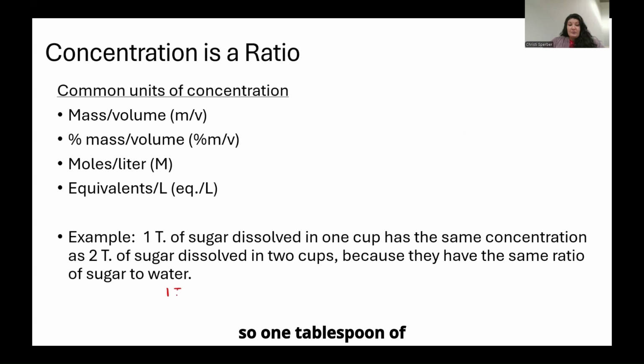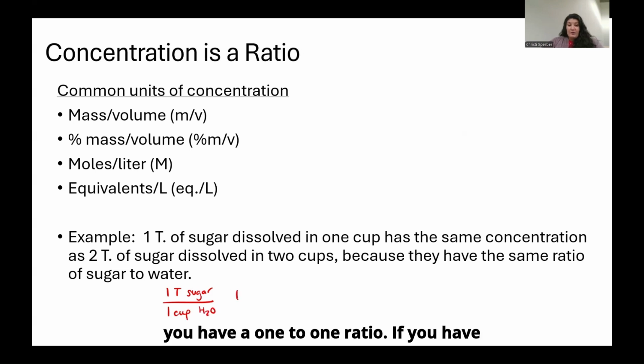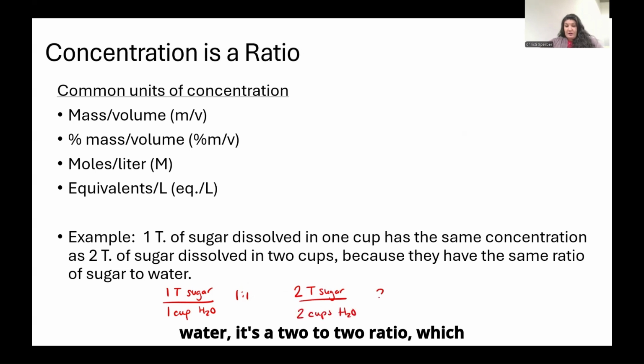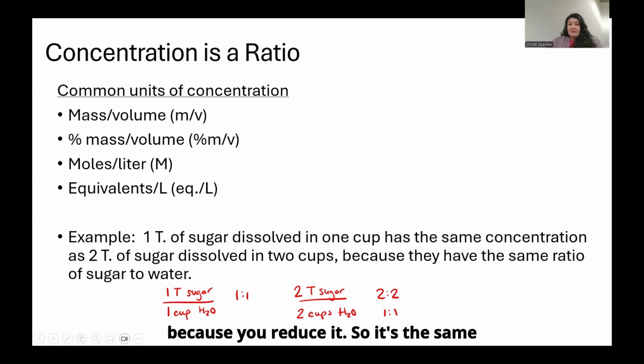So 1 tablespoon of sugar in 1 cup of water, you have a 1-to-1 ratio. If you have 2 tablespoons of sugar in 2 cups of water, it's a 2-to-2 ratio, which is the same thing as a 1-to-1 ratio because you reduce it. So it's the same ratio, it's just a different amount.